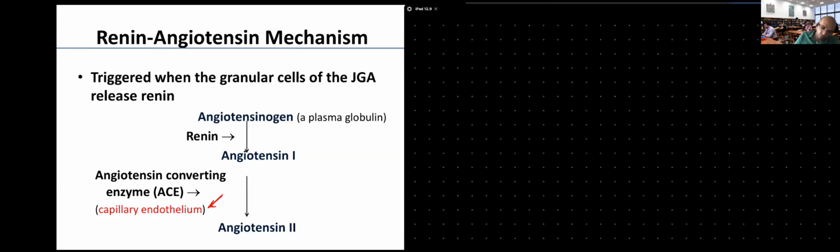So can you remind me, how do we express here the blood pressure? What are the three main factors that will affect my mean arterial pressure?